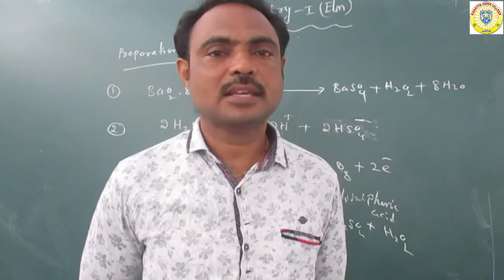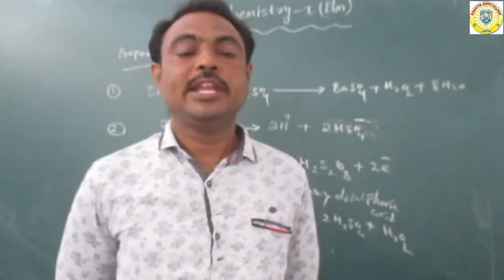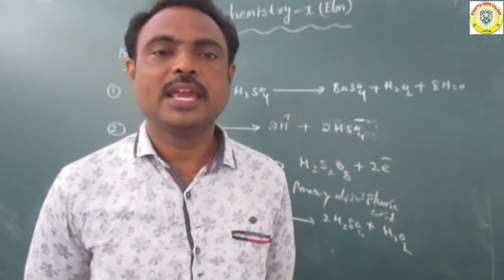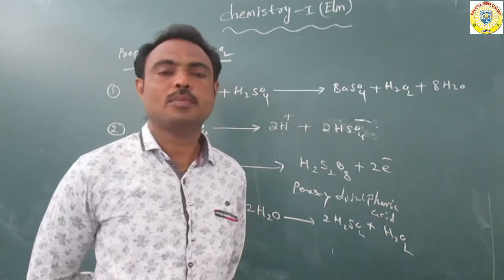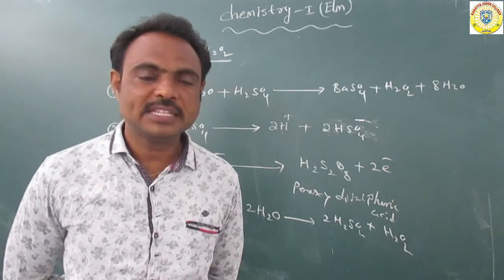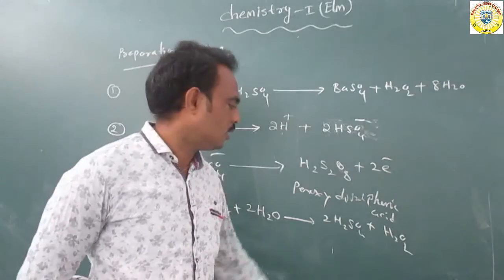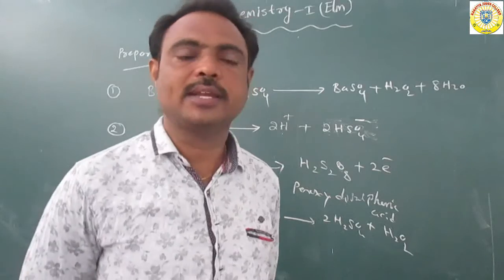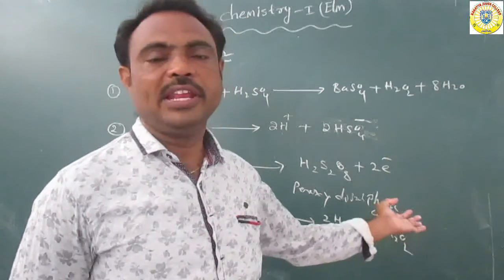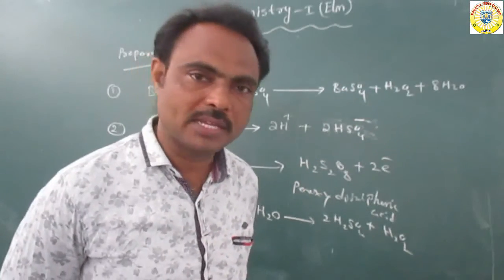That reaction is called the de-electronation reaction. Next, H2S2O8 reacts with water molecules to form H2SO4, sulfuric acid, and H2O2, hydrogen peroxide. So it is another very important preparation of hydrogen peroxide.